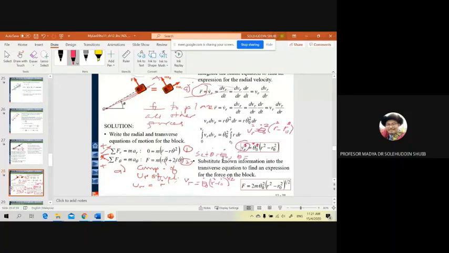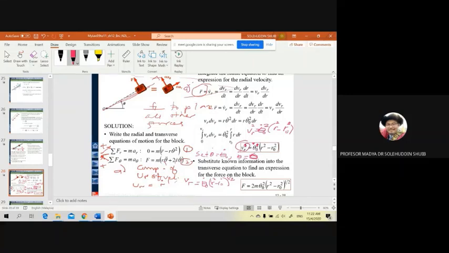Theta dot equals a constant theta dot. So theta double dot will be what? It's 0, right? Because you differentiate a constant, so you get 0.